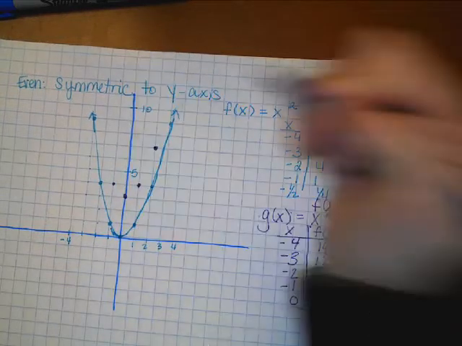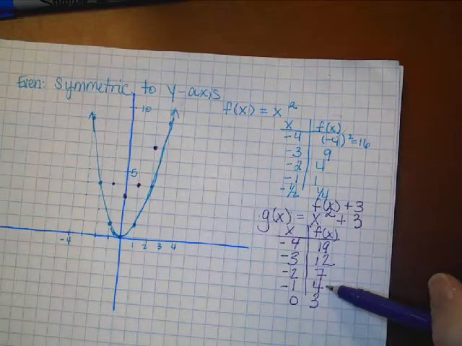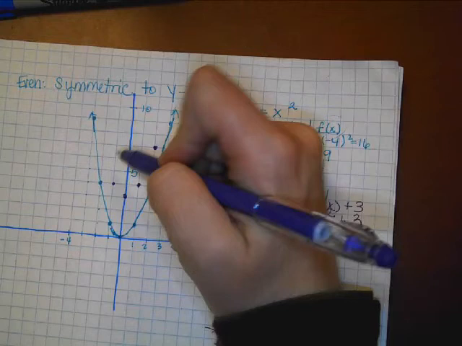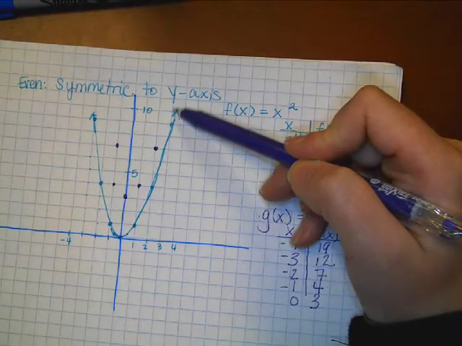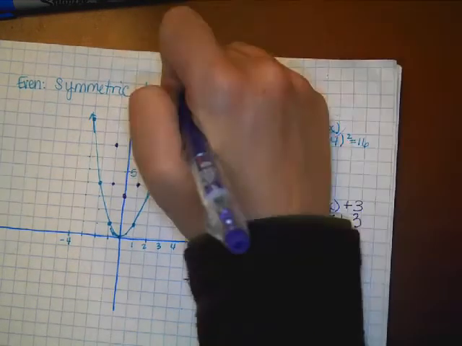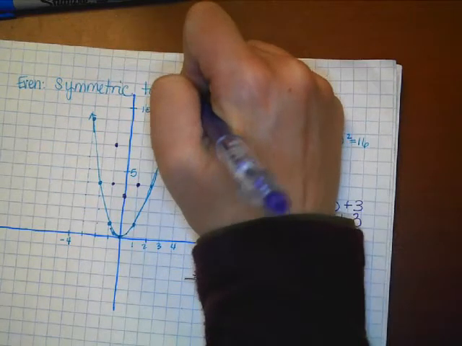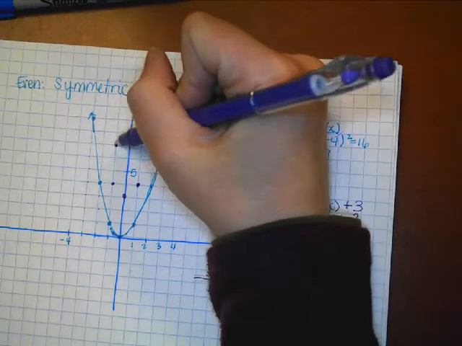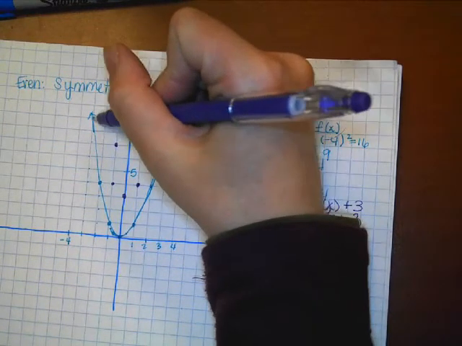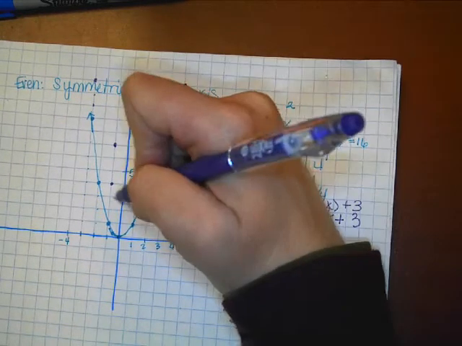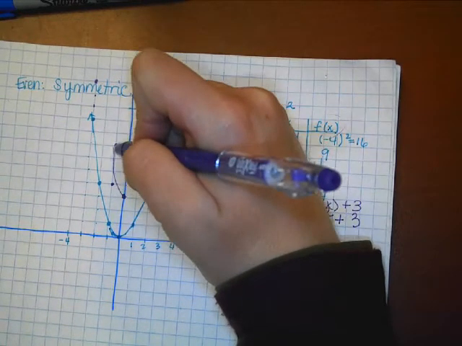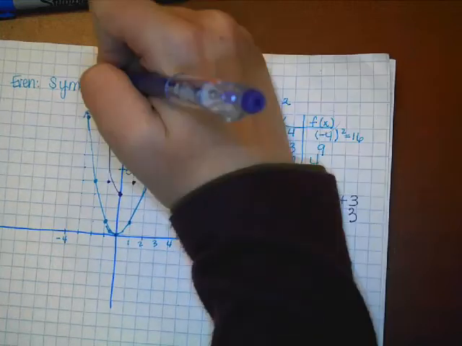This value, 1, 2, 3, right? So it should be 2, 7, which we see, and -2, 7. Right, so this 1, 2, 3 would be up here.